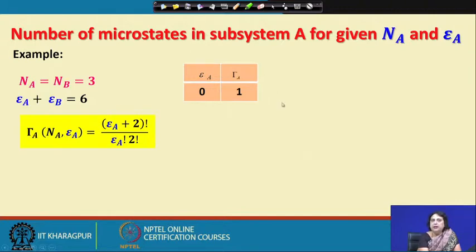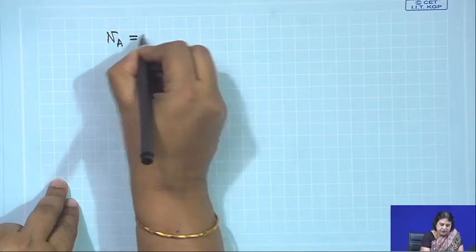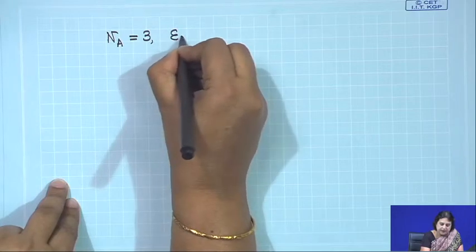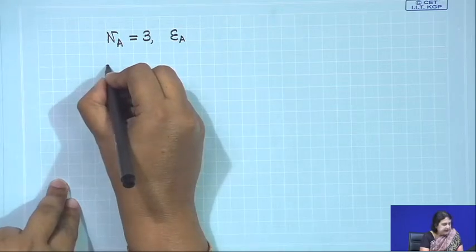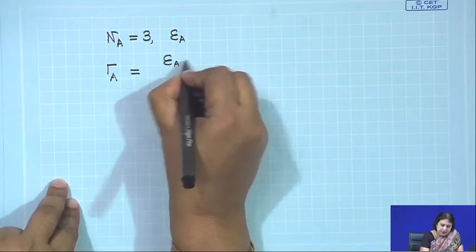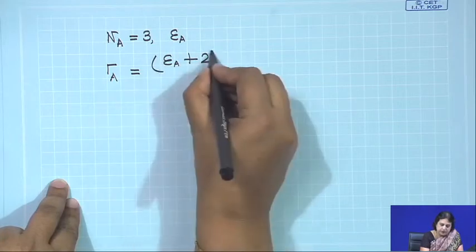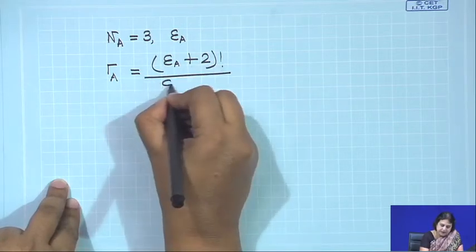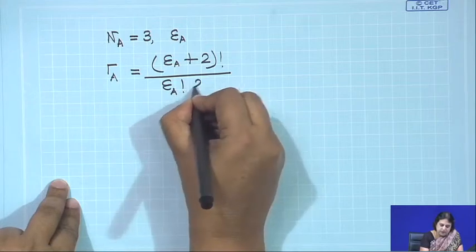So, for epsilon A equal to 0, what is the number of microstates associated with gamma A here, given N A is equal to 3? That is 1. For epsilon A equal to 1, we can work it out very easily: if N A equal to 3 and epsilon A is some given value, we have already seen that gamma A is given by epsilon A plus 2 factorial divided by epsilon A factorial, then 2 factorial.